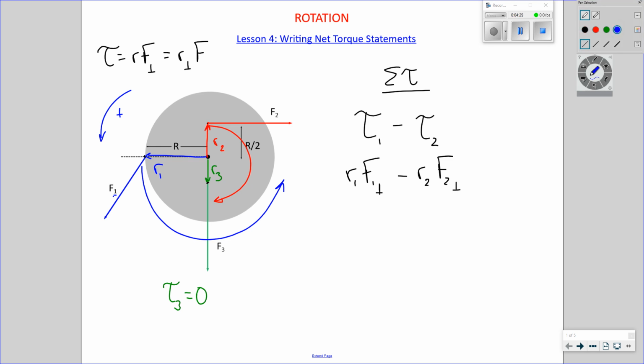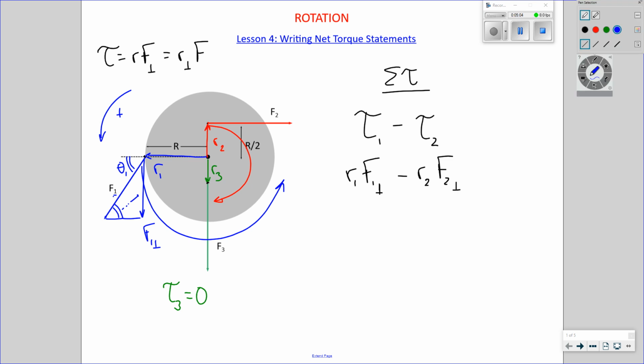We should draw the component here of F1 that is perpendicular to its vector r, and there it is. Say there's an angle theta 1 here. Then the angle here is the same as this angle here. So F1 perpendicular is opposite that angle: F1 perpendicular is F1 sine theta.